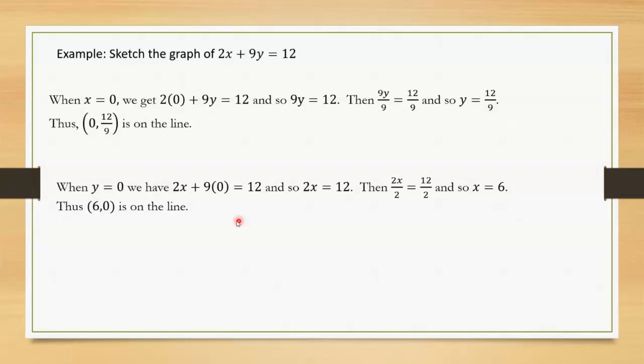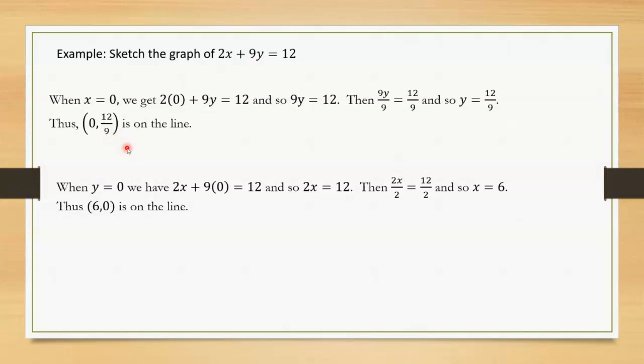And so from here, what is this saying? Well, when y is 0, x must be 6. And so this point is on the line. We have 2 points on the line. If you wanted to sketch this by hand, you could. I probably would figure out what 12 over 9 is using a calculator.